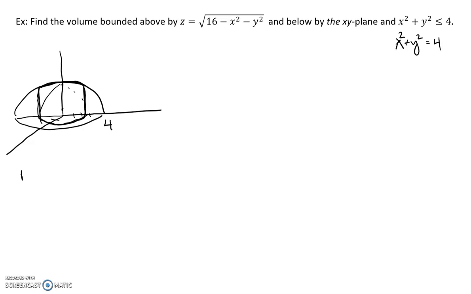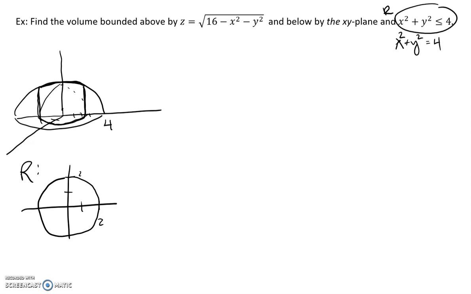So my actual region R, which is one of the most important parts that we need, really is coming from here, that x squared plus y squared less than or equal to 4. So we've got that circle of radius 2 centered at the origin, and we want less than or equal to it, so we're inside of that circle. We need to find a way of representing that region.